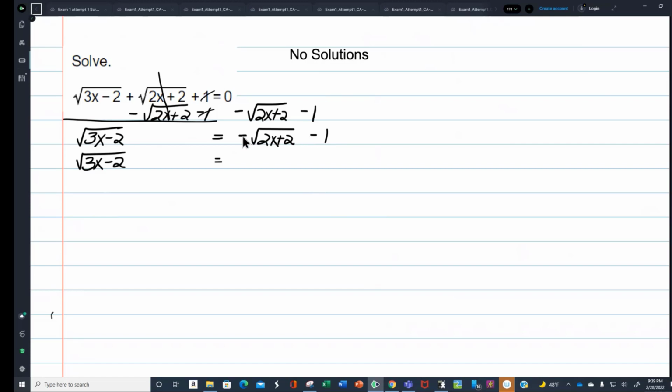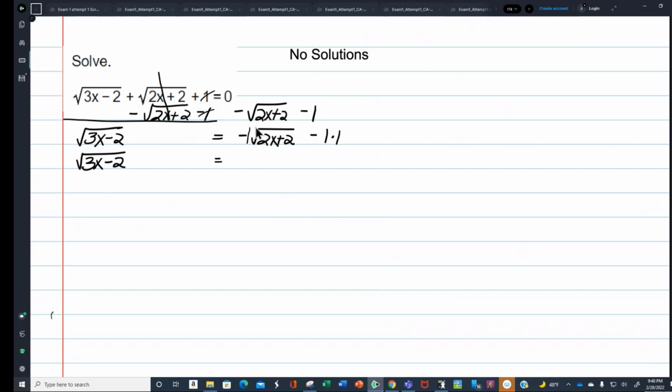Now, first, this minus sign is really a minus 1, minus 1 times that square root. And then this minus 1 is minus 1 times 1. But I'm going to pull out a negative 1 GCF, so I want to have a 1 left.